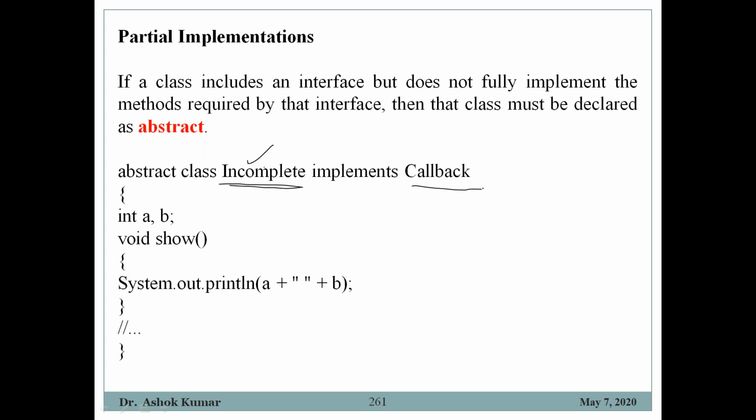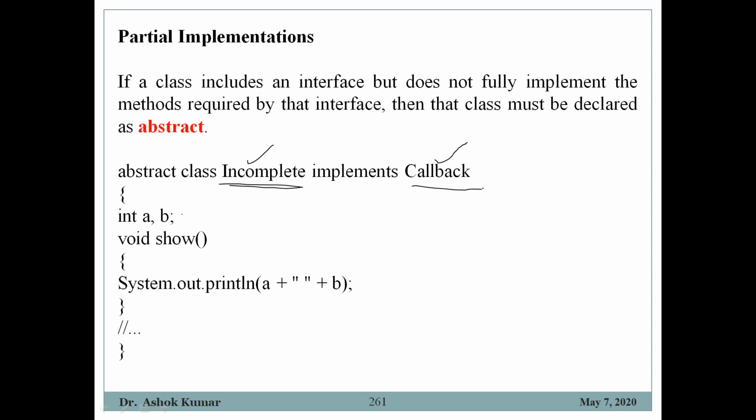If there are, let's say, 4 methods in the interface that you have declared, and this class is defining just 2 out of those 4, that means it is partially implementing that interface, right? Here, because only one method is declared in it, and that method is not defined in this incomplete class, it is partially implementing the interface.